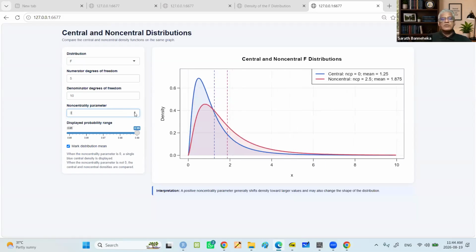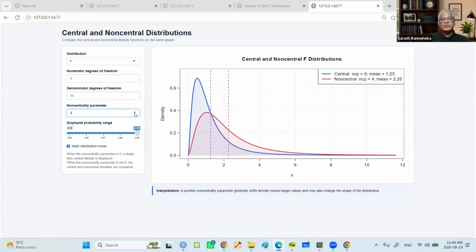Now you can see what happens to the red curve. The blue curve is fixed. When we increase the non-centrality parameter, the skewness of the red curve increases. Earlier, this point was somewhere here at 6. Now it has gone up to 10, for example. So you can see the positive skewness increases with the increase of the non-centrality parameter.